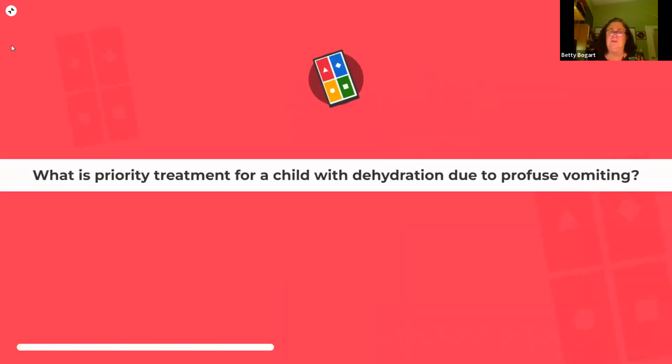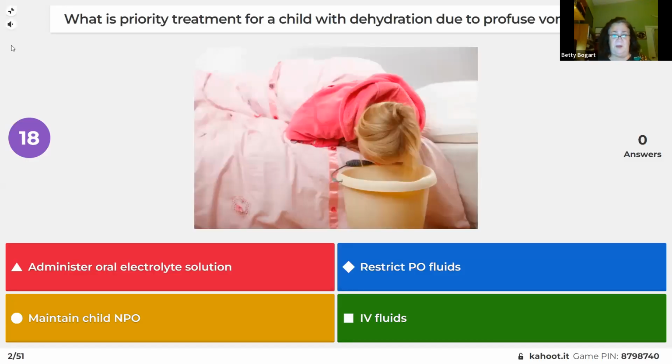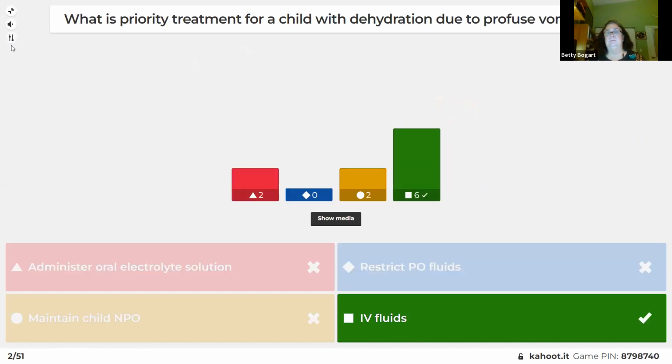What is priority treatment for a child with dehydration due to profuse vomiting? So IV fluids, we're going to give fluids to this child in IV because we're profusely vomiting.